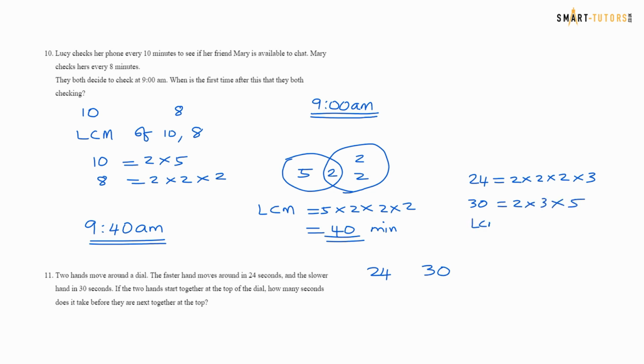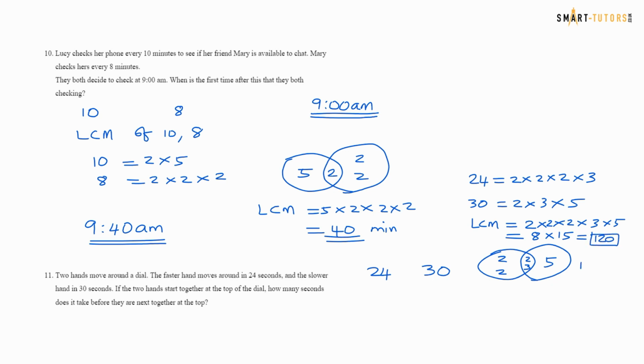So the lowest common multiple: if you think about the Venn diagram, the common numbers are 2 and 3, with two more 2s on one side and 5 on the other. So the lowest common multiple is 2, 2, 2, 3 and 5. 8 times 15 is 120.